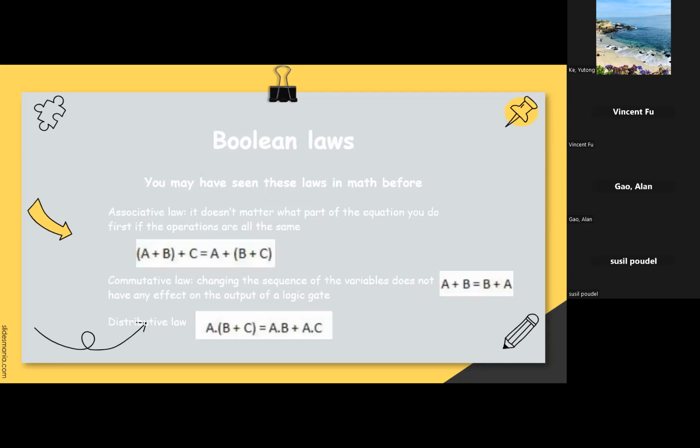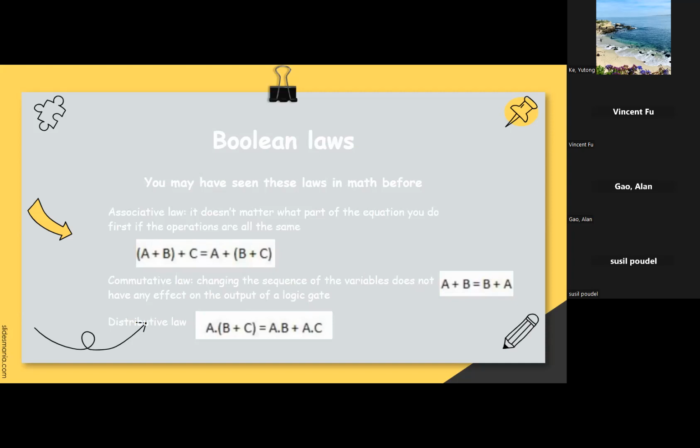Okay, so these are the Boolean laws. Most of you guys probably already know this. The associative law just means parentheses don't matter if all the signs are the same.